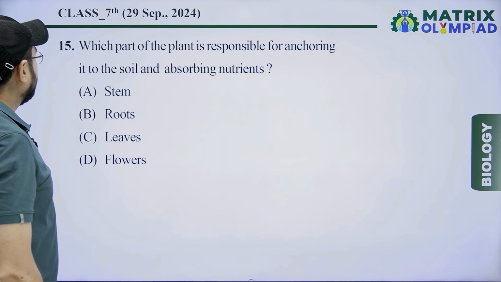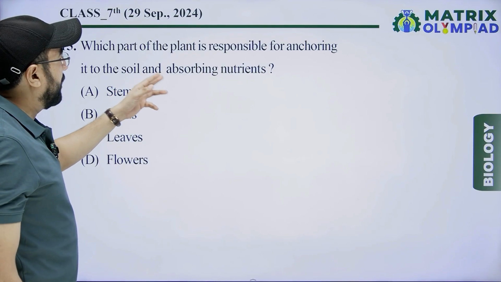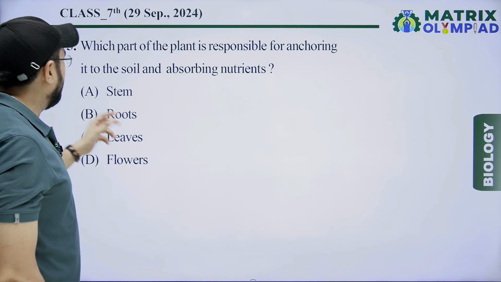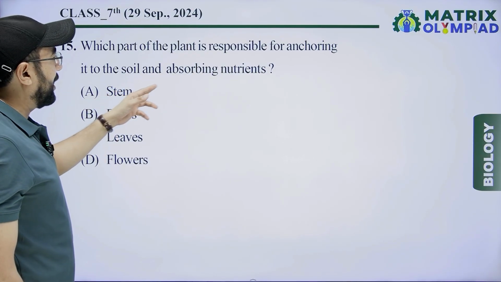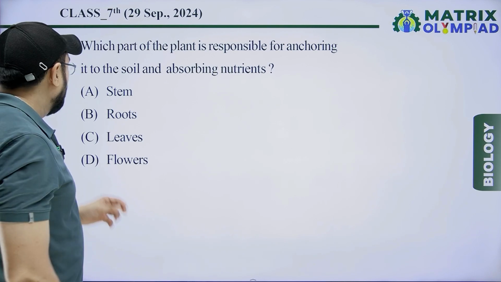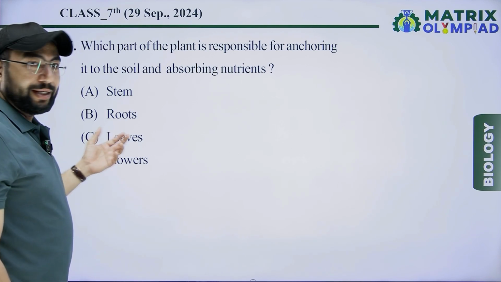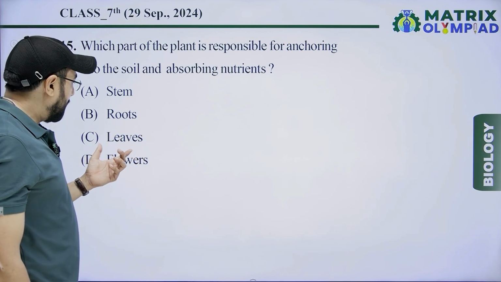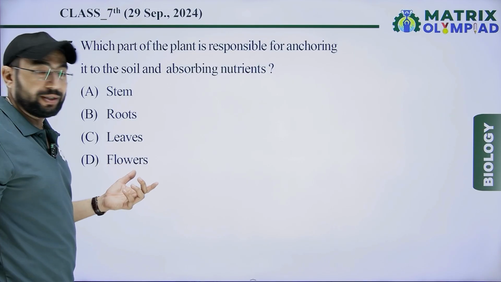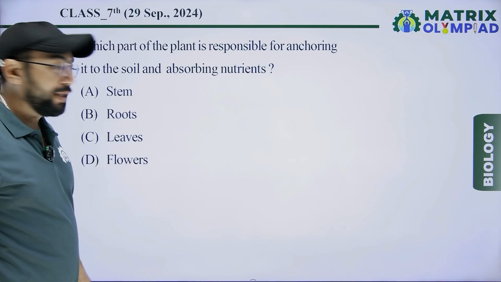Next question is, which part of the plant is responsible for anchoring it to the soil and absorbing nutrients? First option is stem, second root, third leaves, and flowers is the D option.